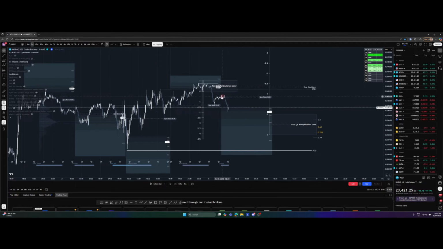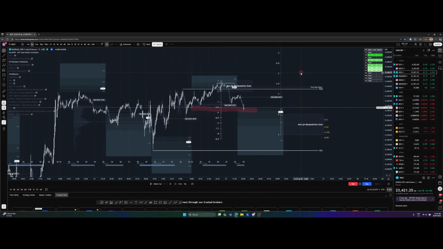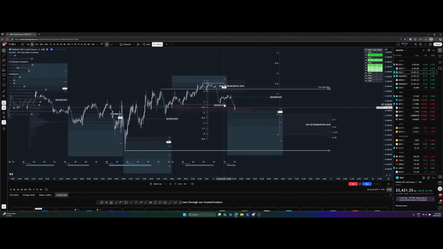Once we get that sweep, we can see we have 82% probability of that 2 a.m. open being retested now that the H4 has been swept. So ideally, we want this to keep coming down, and the lower the better, because it's giving us a larger range from the manipulation back to that open retest.